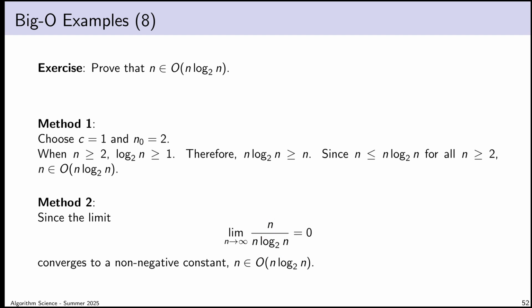And then to do it with the definition method, well, okay, so for this, we have to be careful of a couple of things. One of them is we can't evaluate a log at 0, which means we probably have to talk about n naught being at least 1. If we sketch out the two functions, so there's n, log base 2 of n, I can't do the best drawing of this, but log base 2 of n sort of looks like that, although that's giving it a bit too much credit, like that.